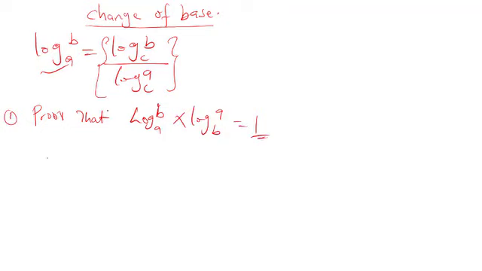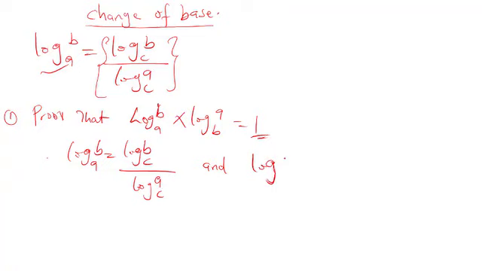Remember I said log_b a is equal to this, so we would have log_b a being equal to log_b c all over log_a c, and log_a b, the logarithm of a and b, is equal to log_a c all over log_b c. Change of base, this is the same thing.